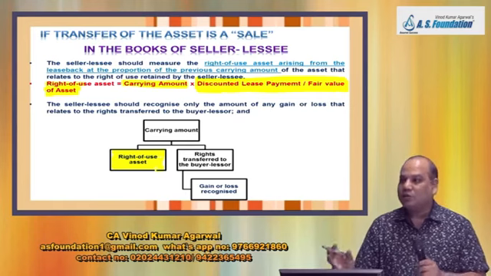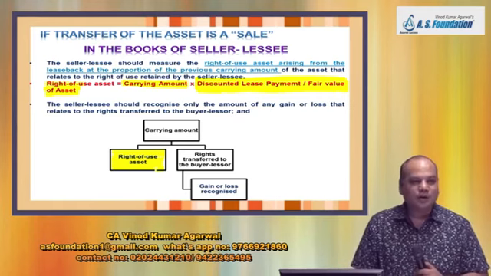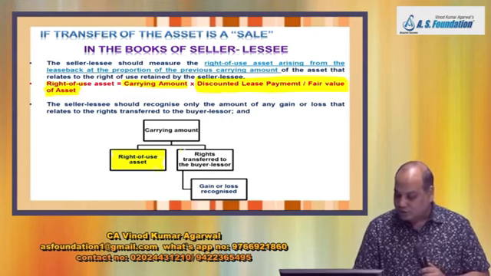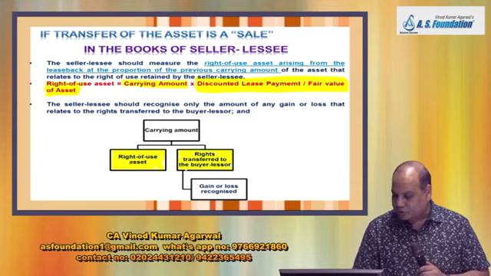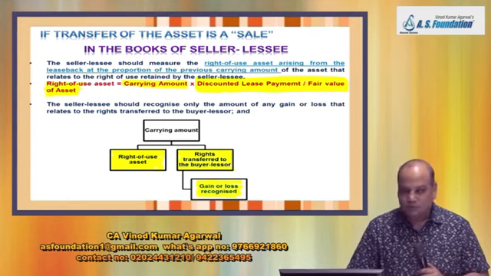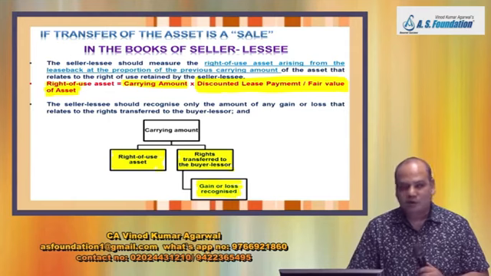When I have not transferred it, how will I recognize profit or loss? You will recognize the profit or loss only on that portion of the carrying amount which is transferred to the buyer lessor. So gain or loss will be recognized on this part. That again is a formula we'll see below.